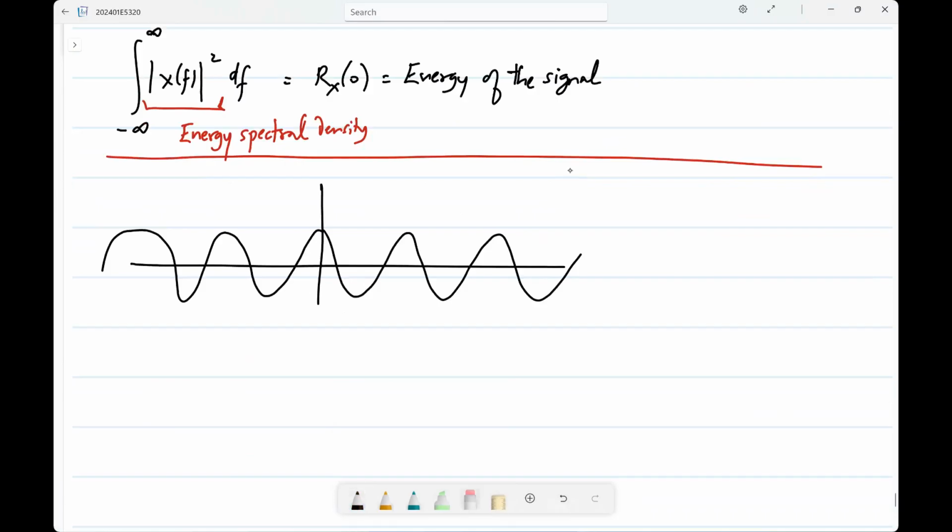It's a horrible sinusoid, but anyway, what is the energy of the sinusoid? Infinite. Okay. So all the stuff that we have so far is useless. It doesn't work, right?